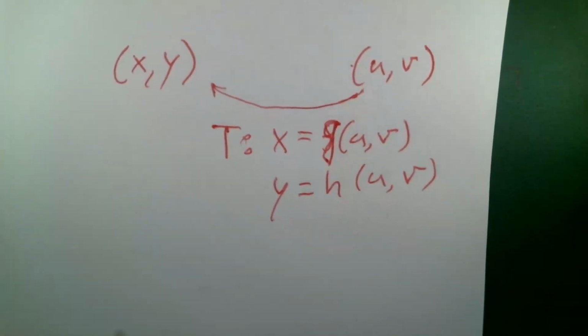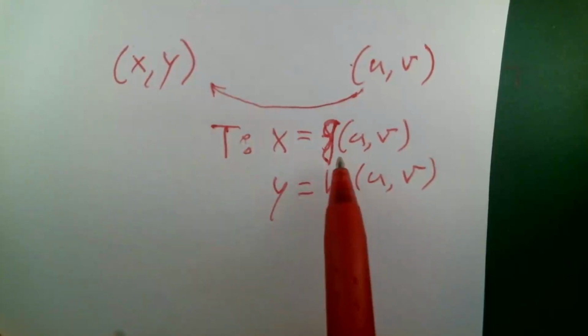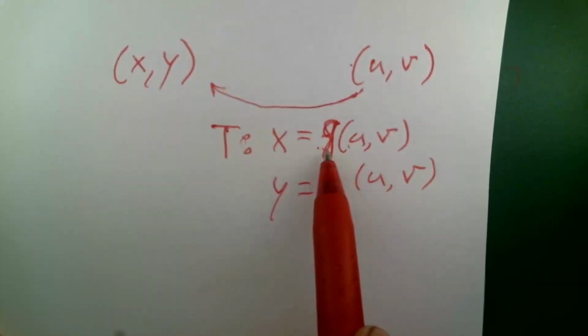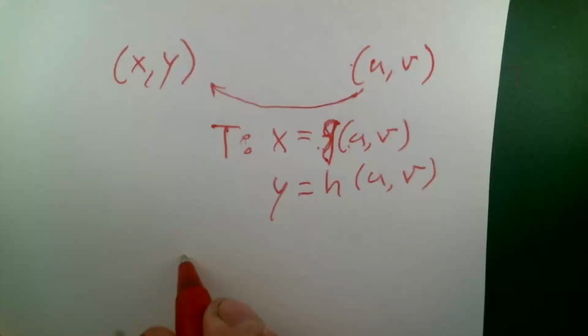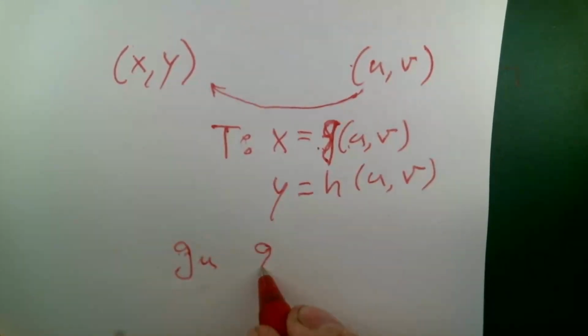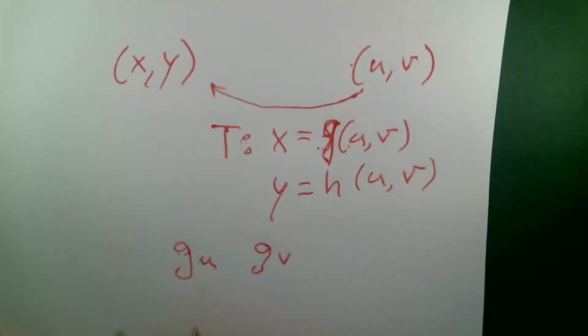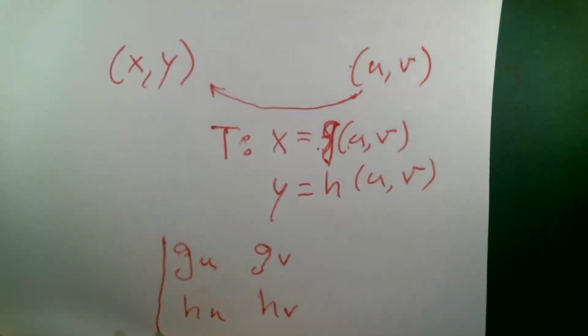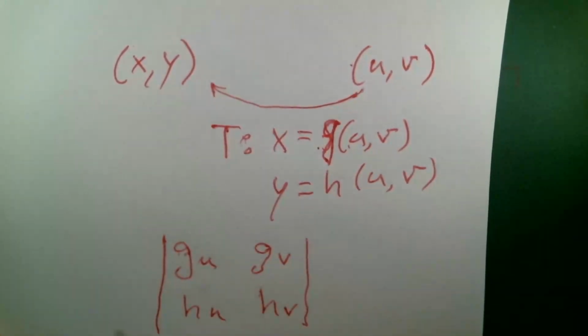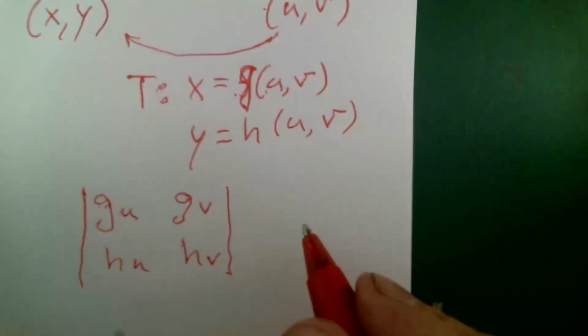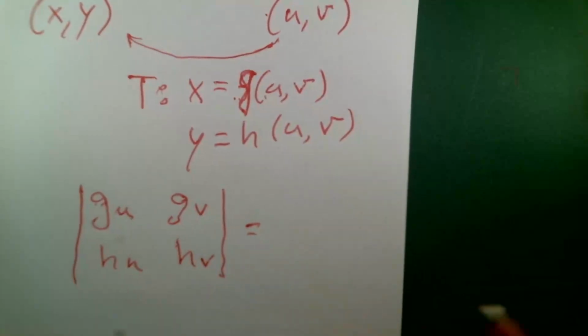Yeah, so the matrix we get here is first take g's u derivative and g's v derivative, and then take h's u derivative and h's v derivative. Put those into a little matrix and take its determinant. So you get overall, do I have enough space to write it in here?